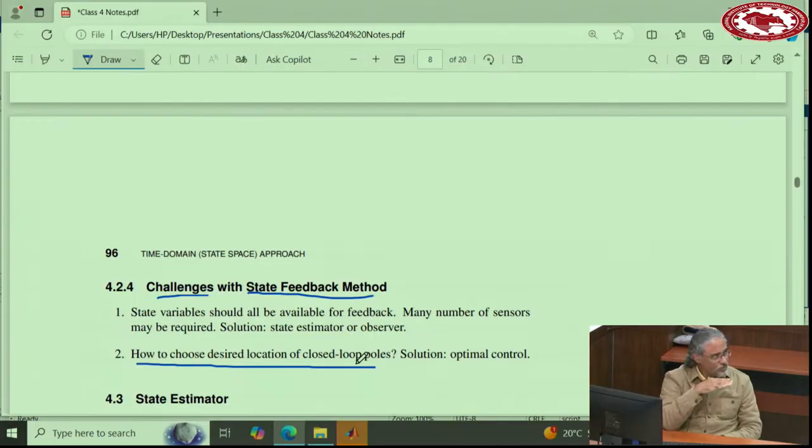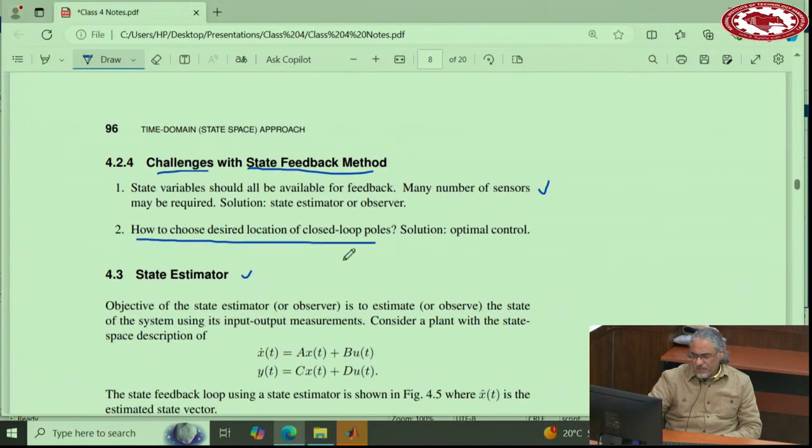But more than two poles you cannot choose. So like I said, the solution to the first one is using a state estimator, and the solution to the second one is using optimal control. In optimal control, we don't worry about location of poles. We directly go and minimize a cost function.